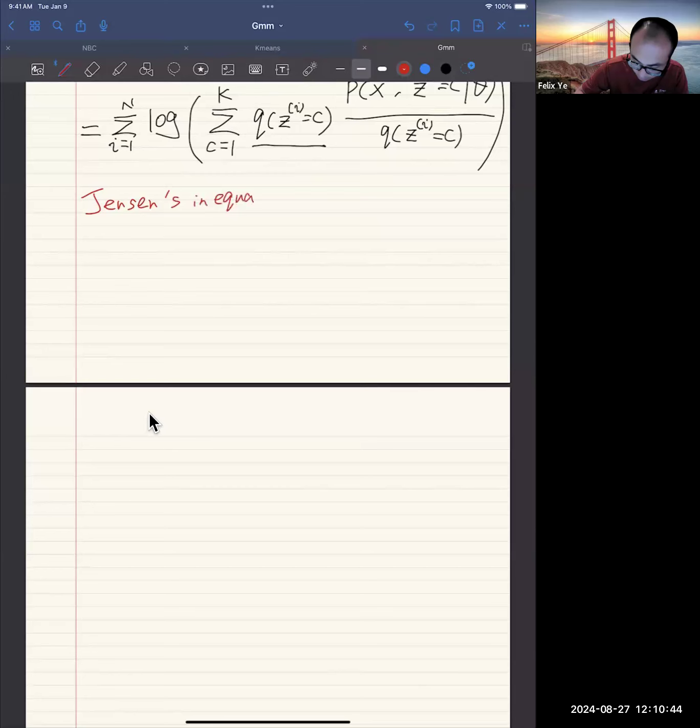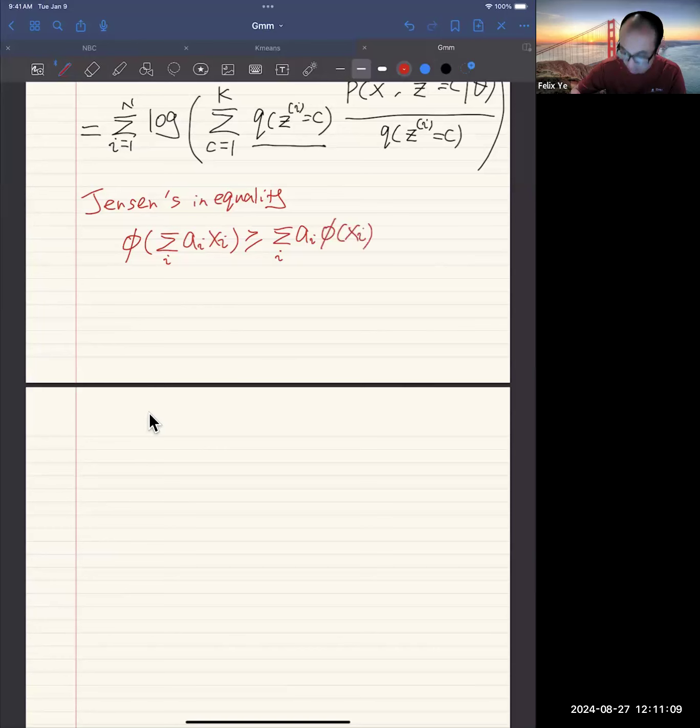So what is Jensen's inequality? That is, if phi of the summation over i of a_i x_i is bigger than or equal to the summation over i of a_i phi of x_i.